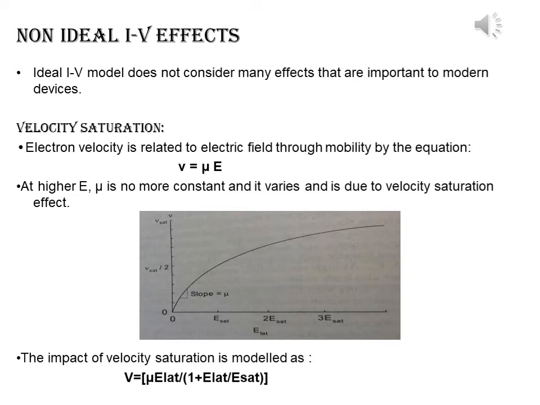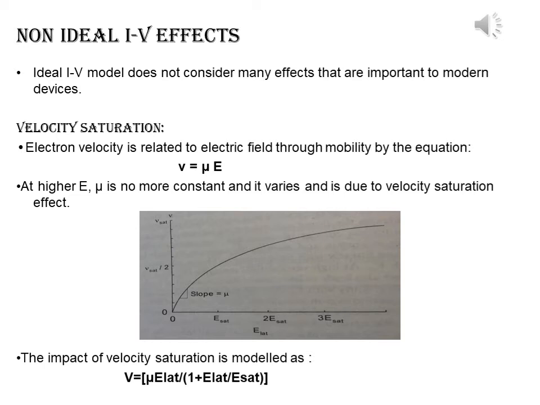This is going to happen only for lower values of E. At higher values of E, mu is not going to be a constant. It varies accordingly, and this effect is due to the velocity saturation effect. Understood?